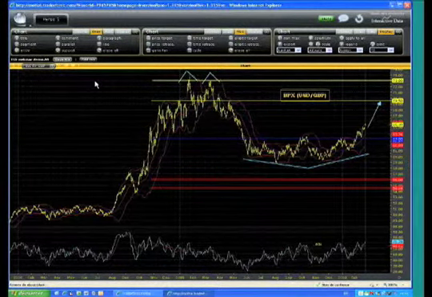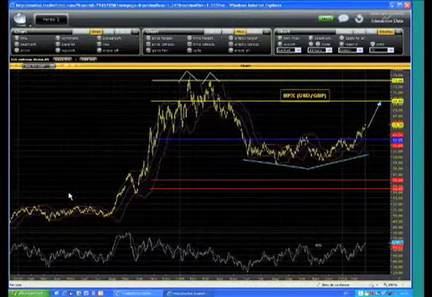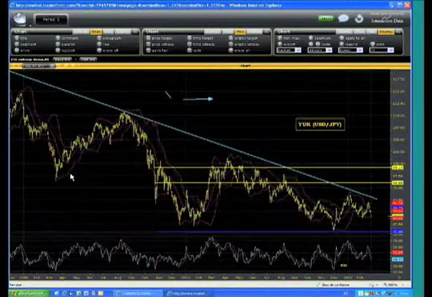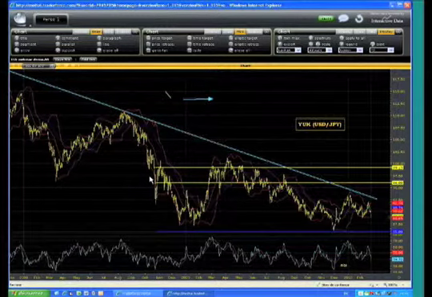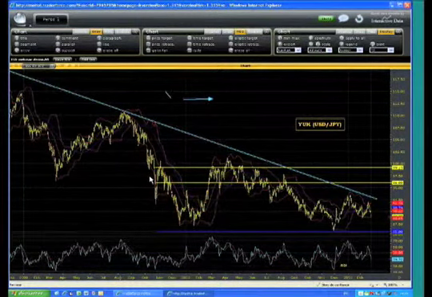On the Japanese yen, ticker symbol YUK, I think this pair will trade sideways in the coming weeks, maybe coming months.